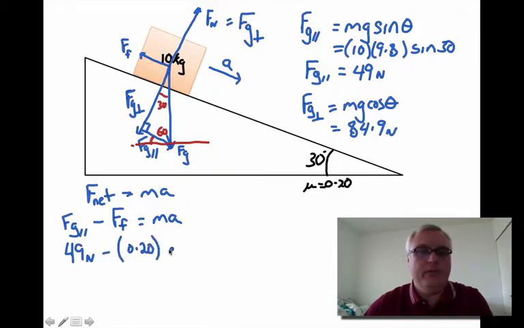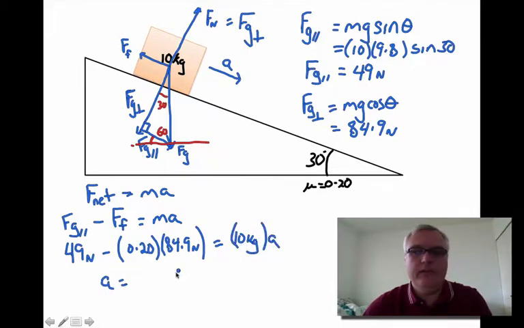So mu times the normal force, which is 84.9 newtons. And that's going to be equal to the 10 kilogram block accelerates. So what we end up with is an acceleration here of 3.2 meters per second squared. And as for a direction, we can write that this is down the slope.